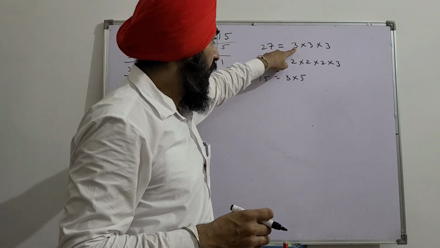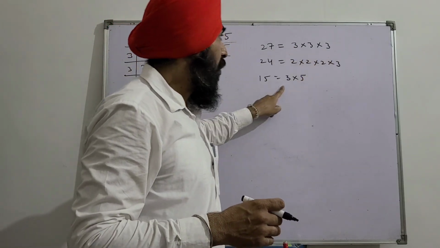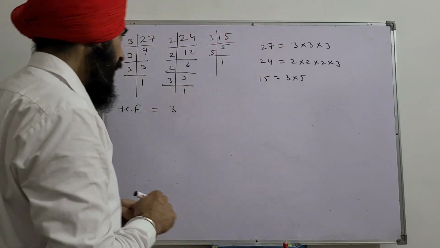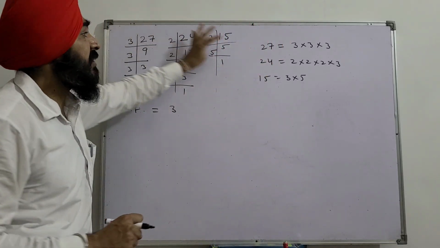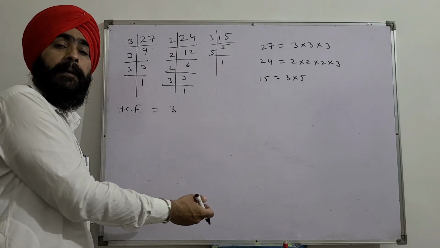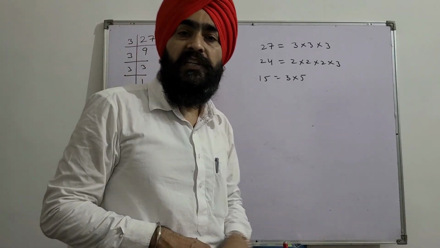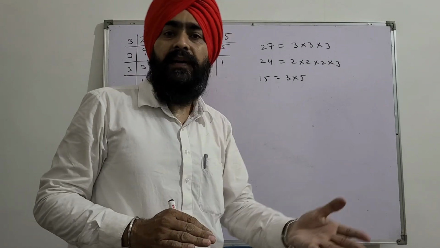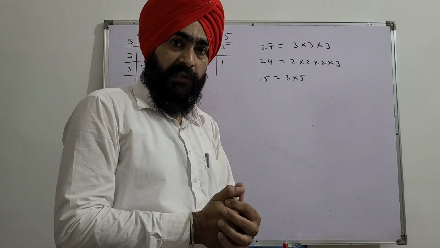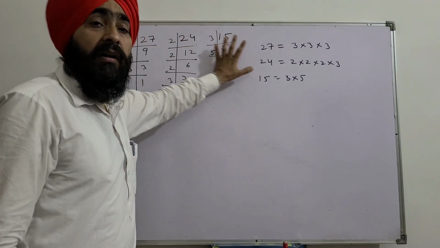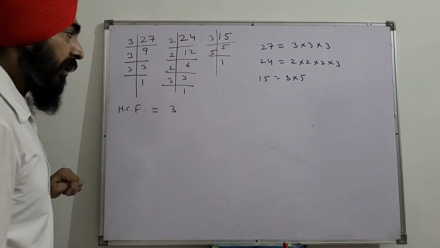One time 3 exists in all these numbers. So, as we learned previously, the HCF will divide all the numbers taken there. So 3 divides all these 3 numbers perfectly, leaving remainder 0.